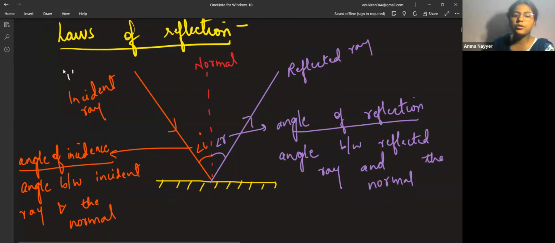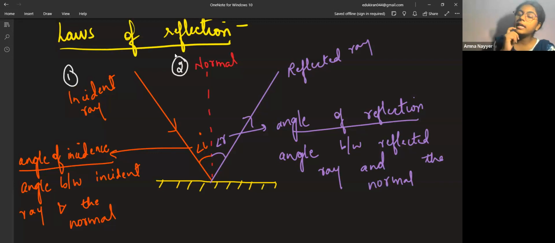Now, this is not any law that we have to define. The first ray of light you should be aware of is the incident ray. The second thing that we draw is the normal, because it is a reference. And see, normal is not actually a ray which is present. You are able to see the incident light striking, you are able to see the reflected light, you are able to see the image formed by the reflected light, right?